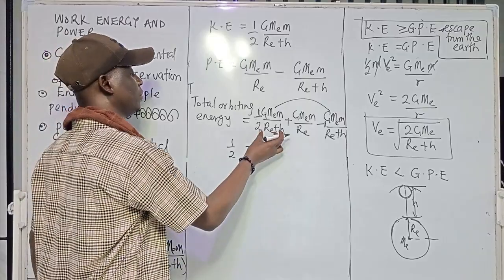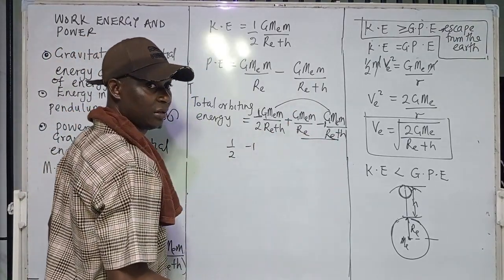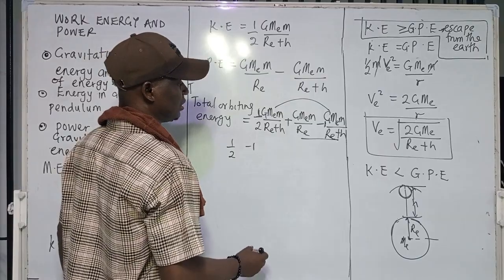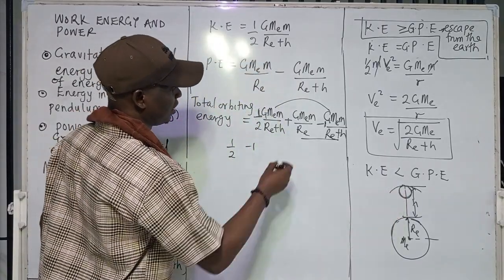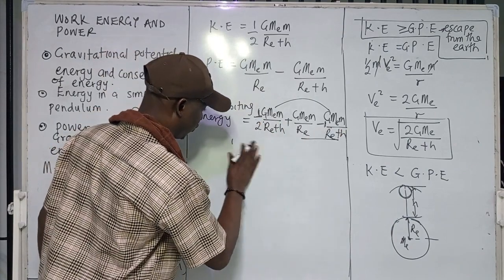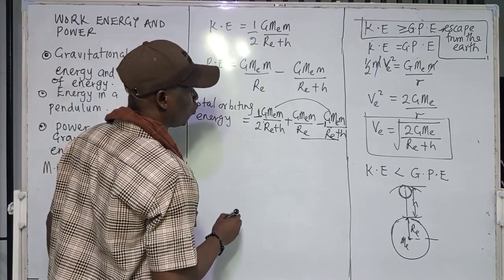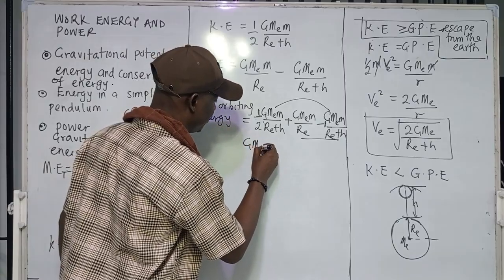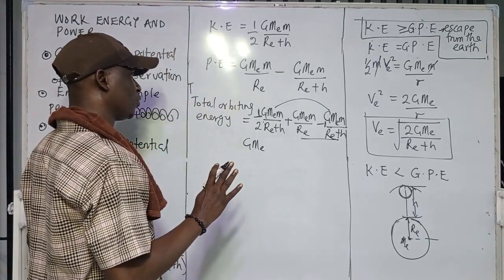If you add, this is the kinetic and this is the potential. The total energy it will possess here is minus 1 over 2 GM. Now listen, wait.